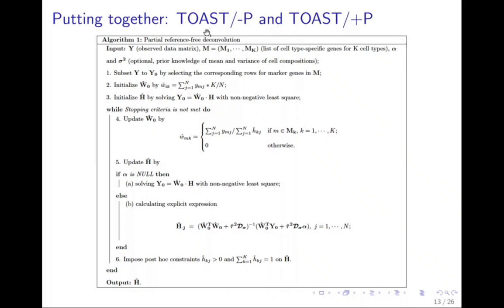In the first part, TOAST without prior, if we do not have the prior information of the cell composition, we will solve the cell composition using non-negative least square. But if we have the prior information, we'll update the cell composition using a Bayesian framework, and we call it TOAST with prior.